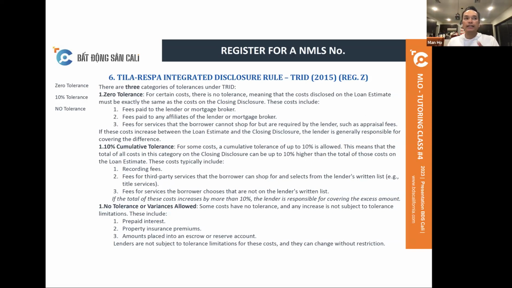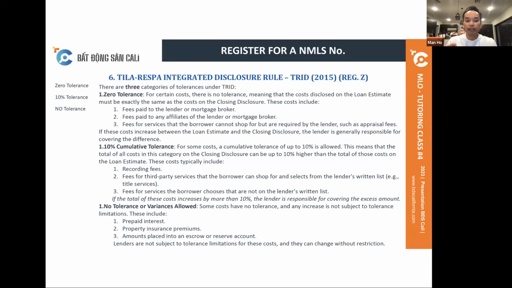A recording fee is the fee that the county charges when you record a note or a deed of trust, which are the two main forms for a purchase of a home.